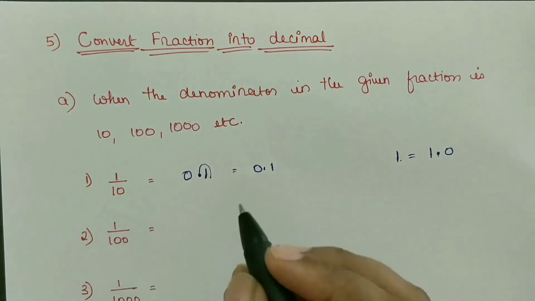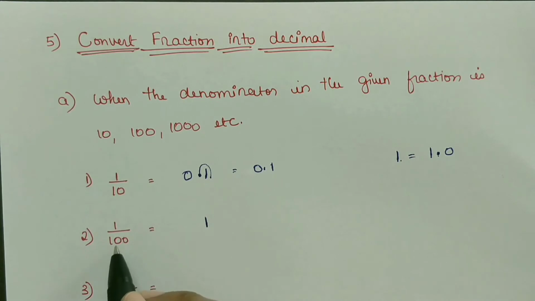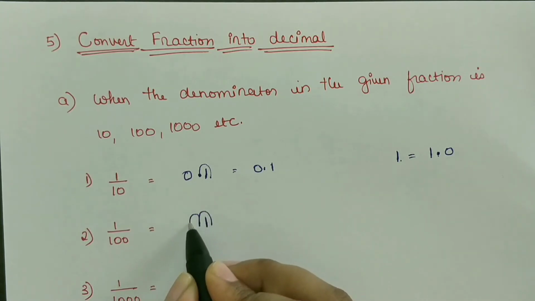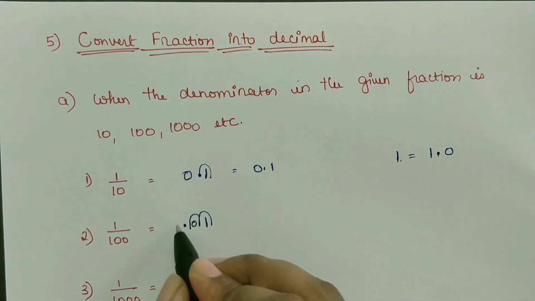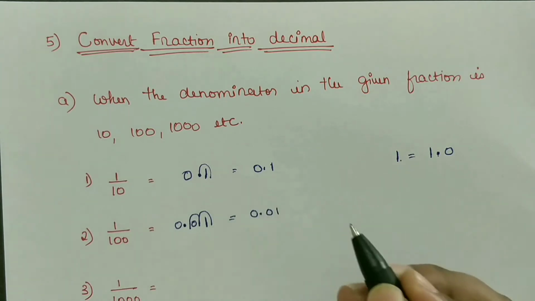And second example, write the numerator, count the zeros, 1, 2. So from the right side, shift the decimal point to the left by 2 digits. Place it here and fill the gaps with 0. It is equal to 0.01.